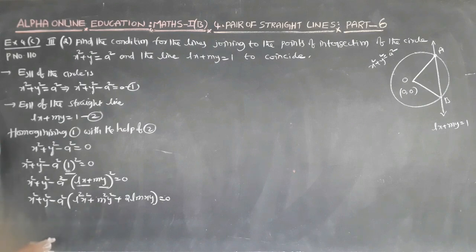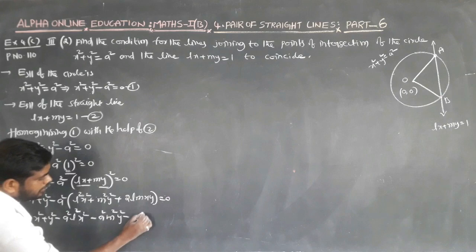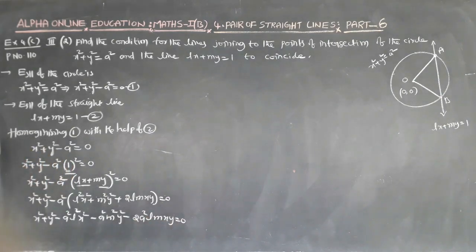This total value multiplied with minus a square: x square plus y square minus a square l square x square minus a square m square y square minus 2a square lm xy equal to 0.